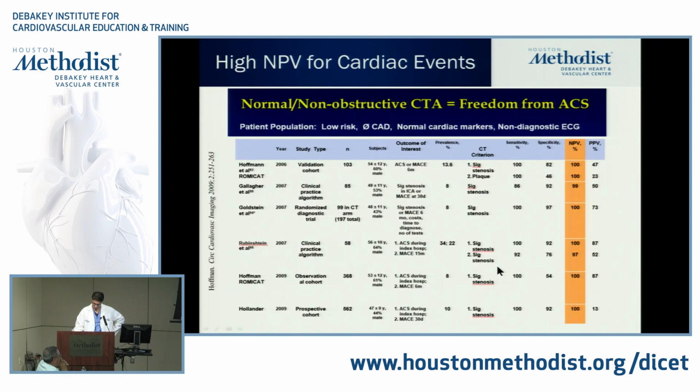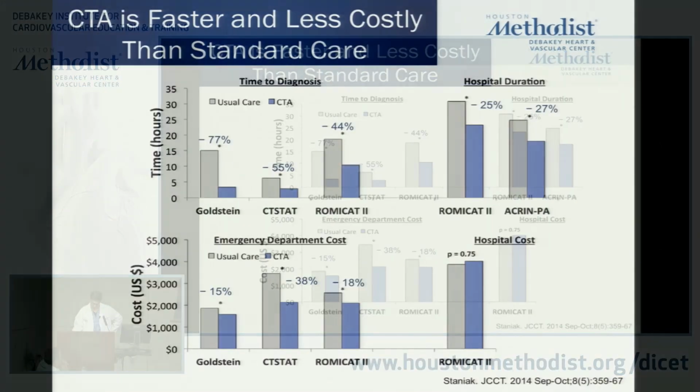And if you look at other studies that have been published, the story becomes very, very powerful, that if you have a normal study, the negative predictive value for this test is exceptionally high, and you can be confident that nothing bad is going to happen to your patient.